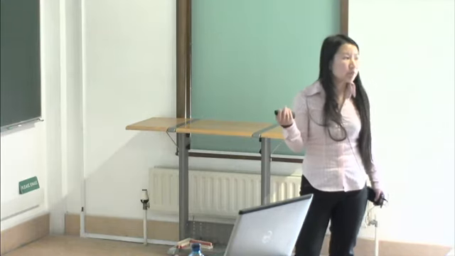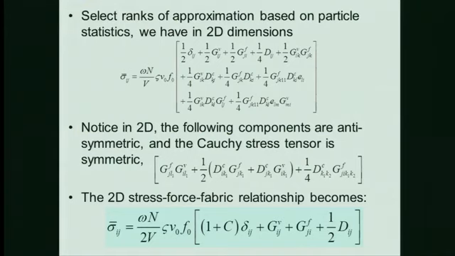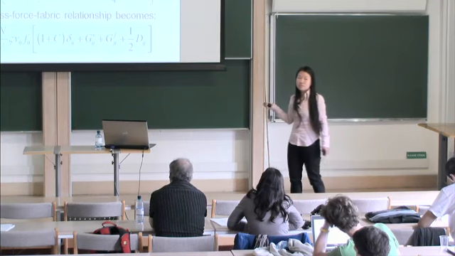But if the problem we are studying is mainly about the stress tensor, it has to be symmetric. So that tells us this term, again, I can simplify as a scalar. So finally, here comes the two-dimensional stress-force relationship. So this is a scalar, giving us the contribution of these higher rank terms, and originally I only have these three terms. They are deviatoric and symmetric.